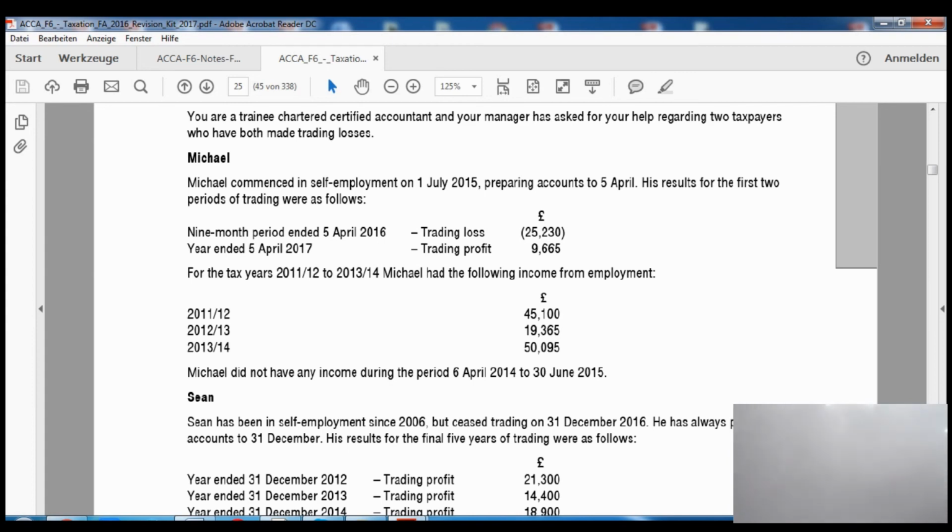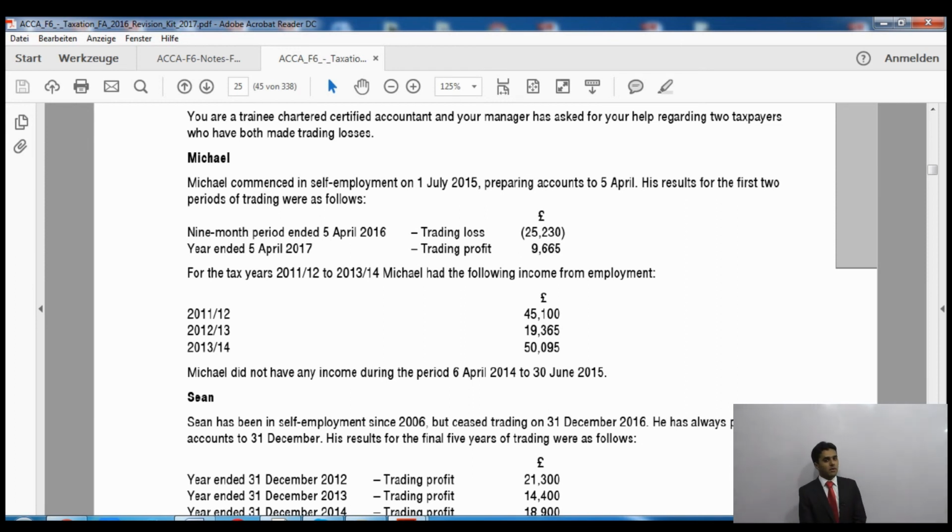If we look at tax year 13-14, we will be saving tax at the rate of 40%. The reason is that we will be saving tax at the higher rate because his income is in the higher rate band. His income is 50,095.